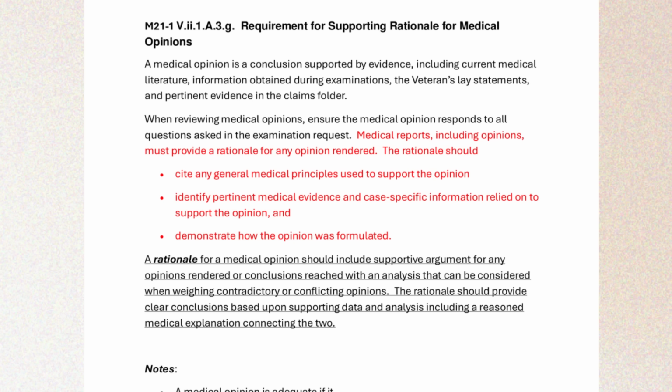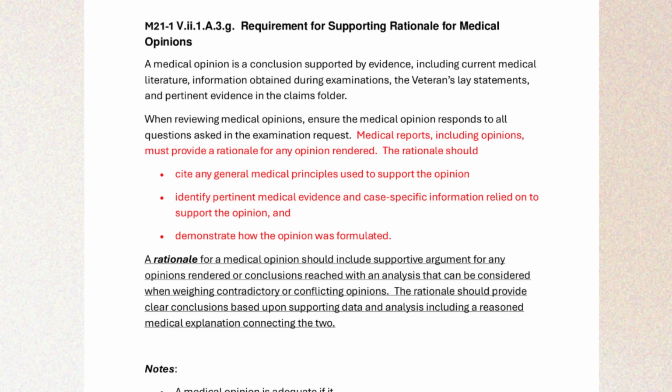Now, I will tell you this: if I was going through that process again, I would have my private doctor review some information that's in my claims folder. Because, reason being, a lot of VA employees do not know about that particular M21 manual reference. So don't give them any ammunition not to accept your IMO, Nexus statement, to include the rationale.